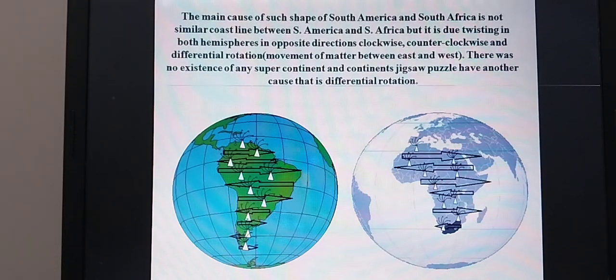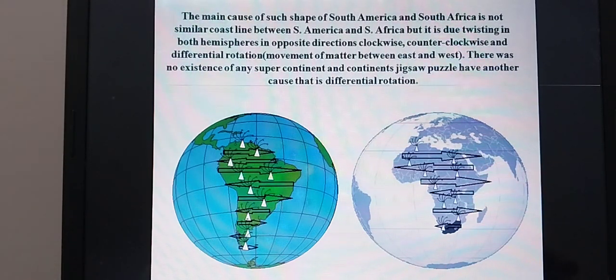So actually the long process of solidification of a gas-giant planet into a rocky planet, and then continuous differential rotations, is the main reason that gives shape to such a special pattern in the northern and southern hemisphere of the Earth, and you can very easily understand this.